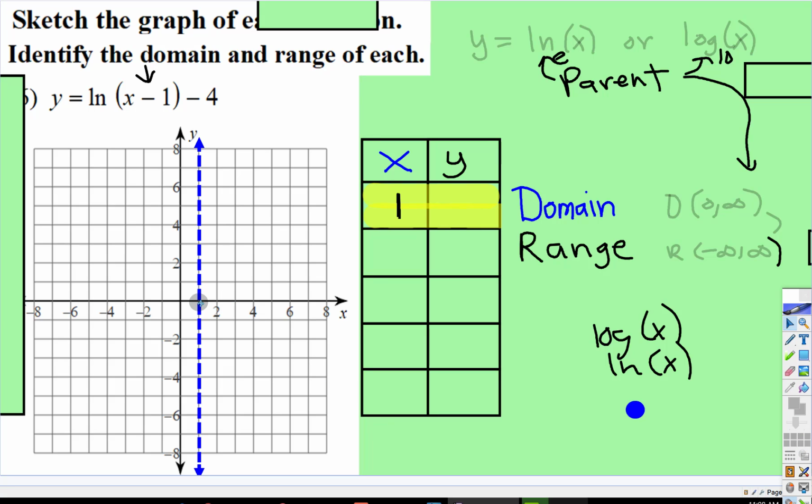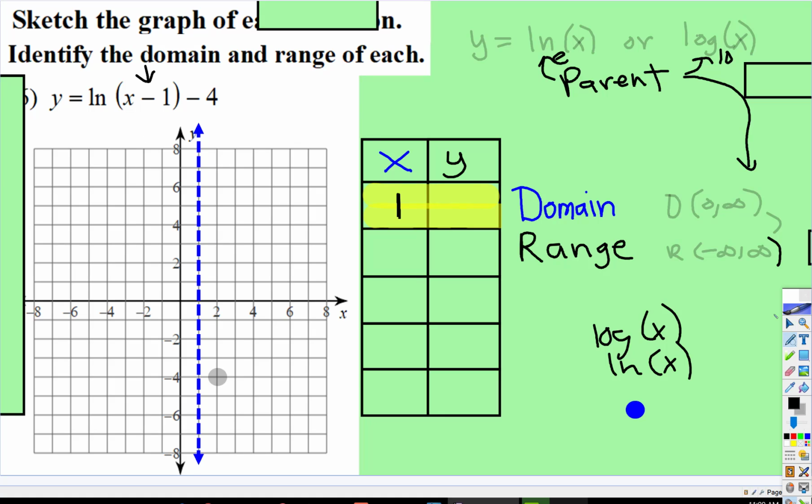So the dot that was normally at 1 also gets moved over 1. But this, subtract 4, means that we shift everything down 4. Well, an asymptote, you can shift it down all you want, but it's infinite. So you don't have to worry about shifting that down.